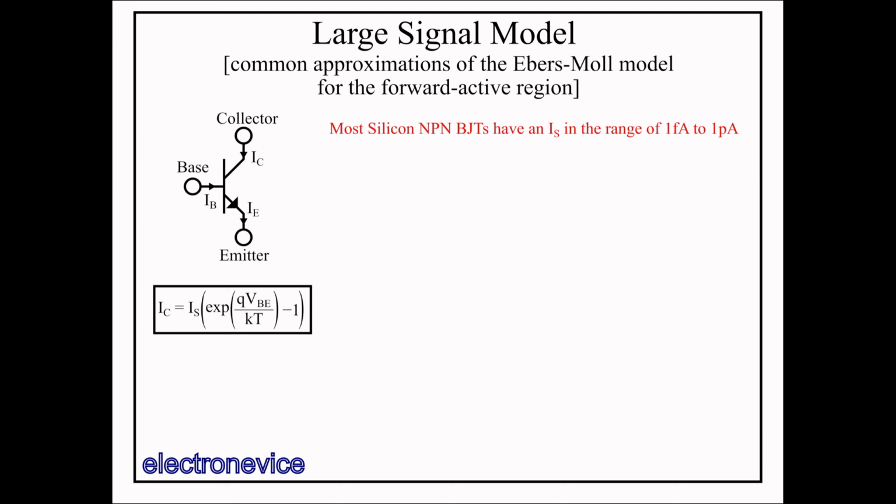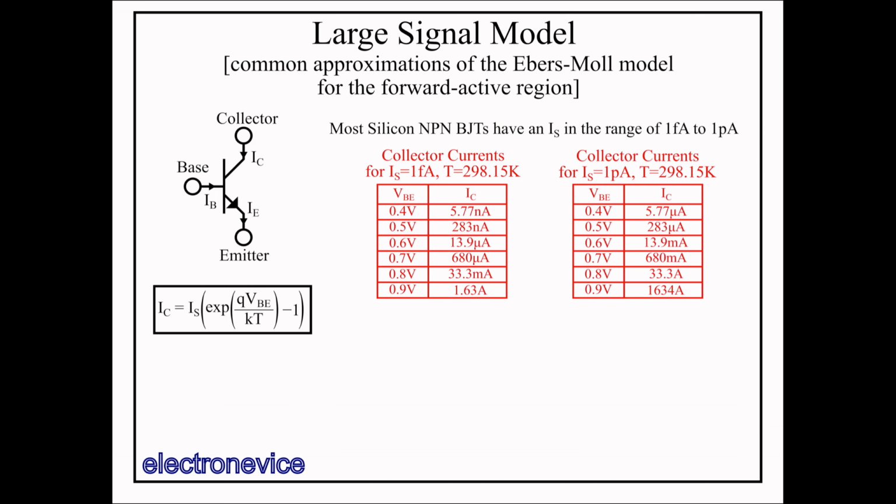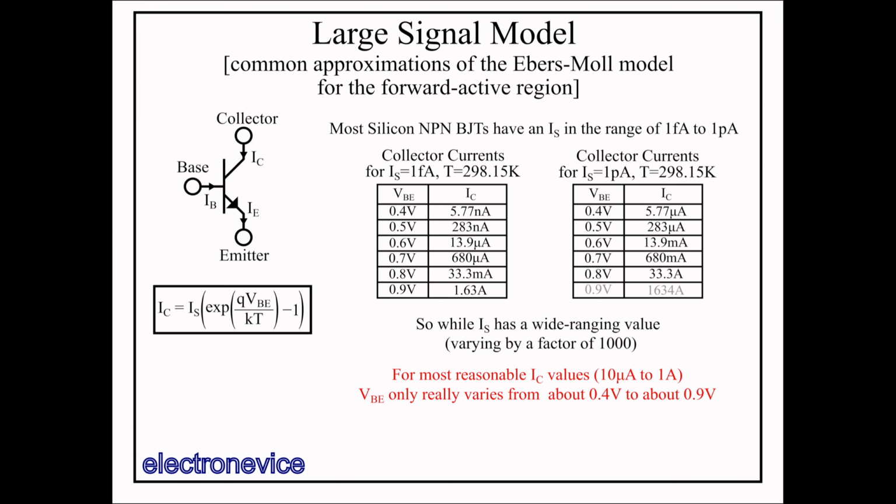So let's take a look at a chart of VBE versus IC for the low and high ends of this range. We can see here that even though IS has a wide-ranging value, varying by a factor of 1,000, for most reasonable IC values, which is 10 microamps to 1 amp for almost any signal-oriented circuit, VBE only produces those IC values from about 0.4 volts to 0.9 volts.